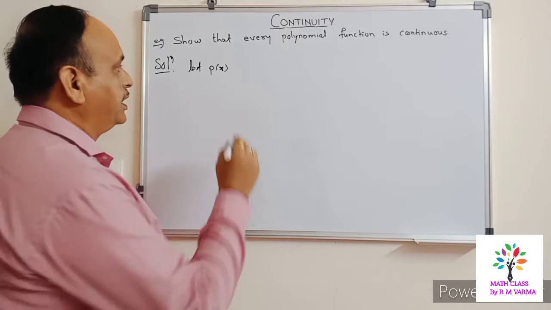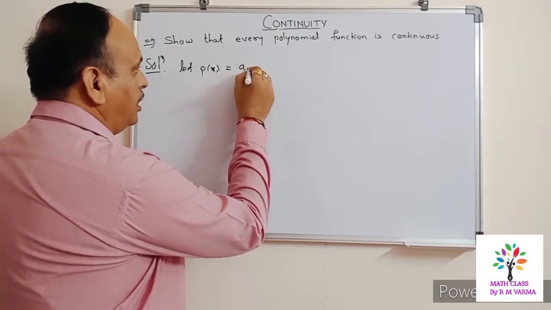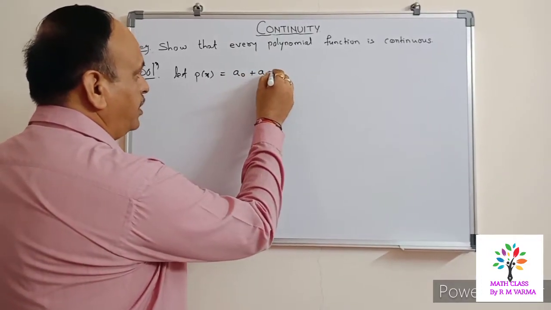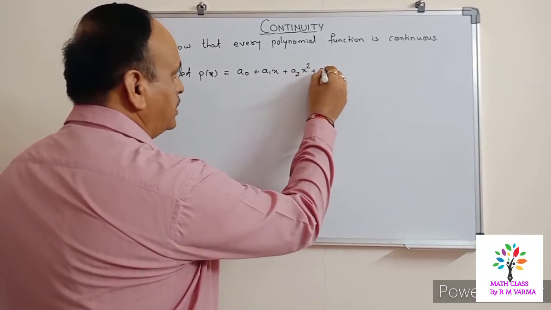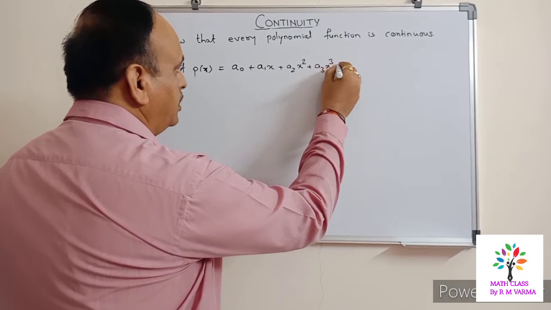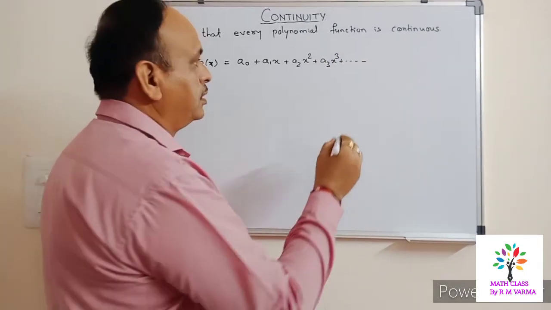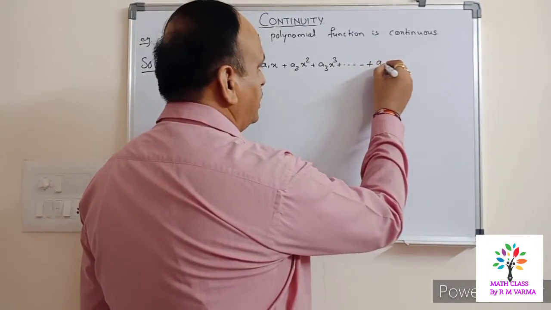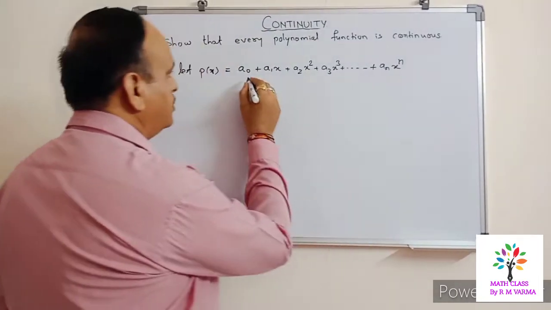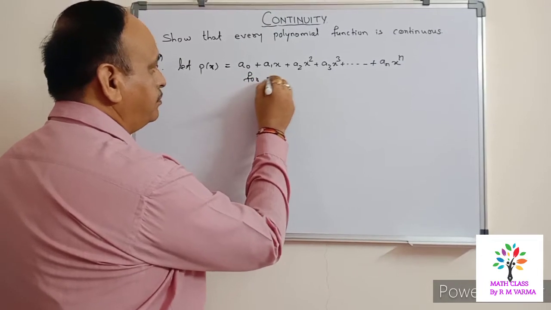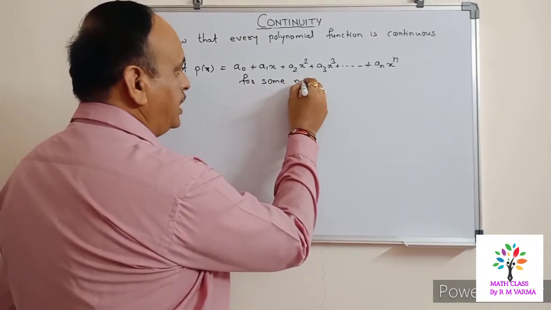Its general form we write as a0 plus a1x plus a2x square plus a3x cube, and so on, till a_n x raised to n. This is for some natural number n.